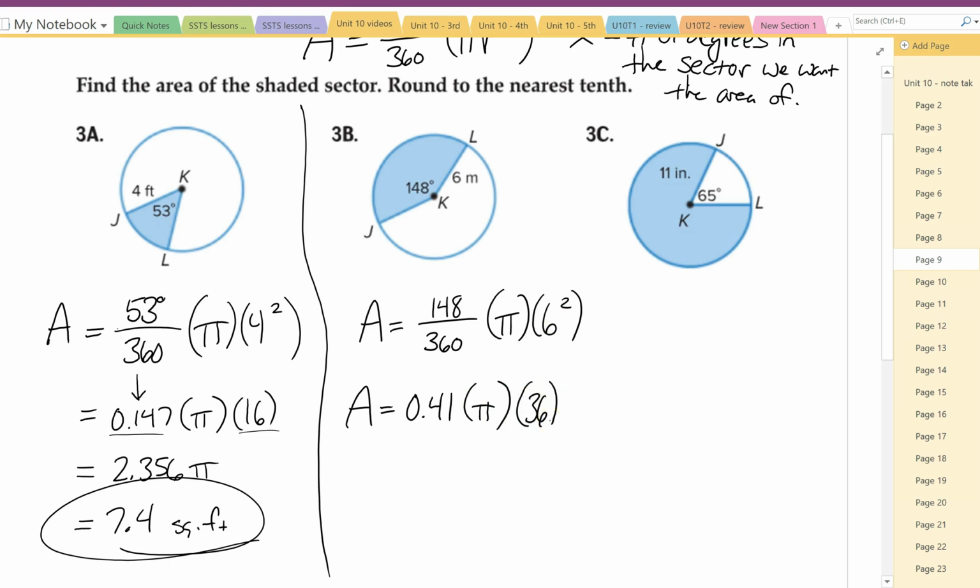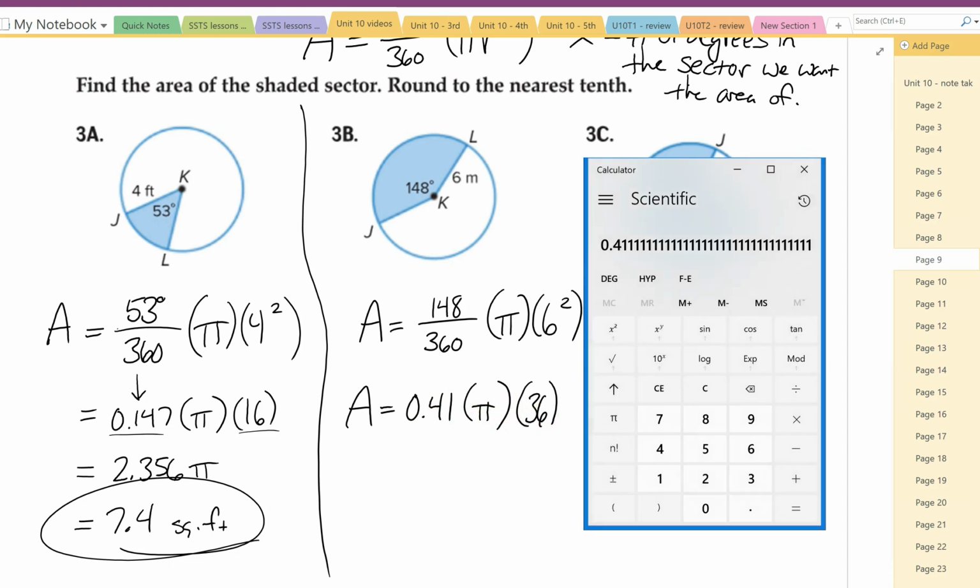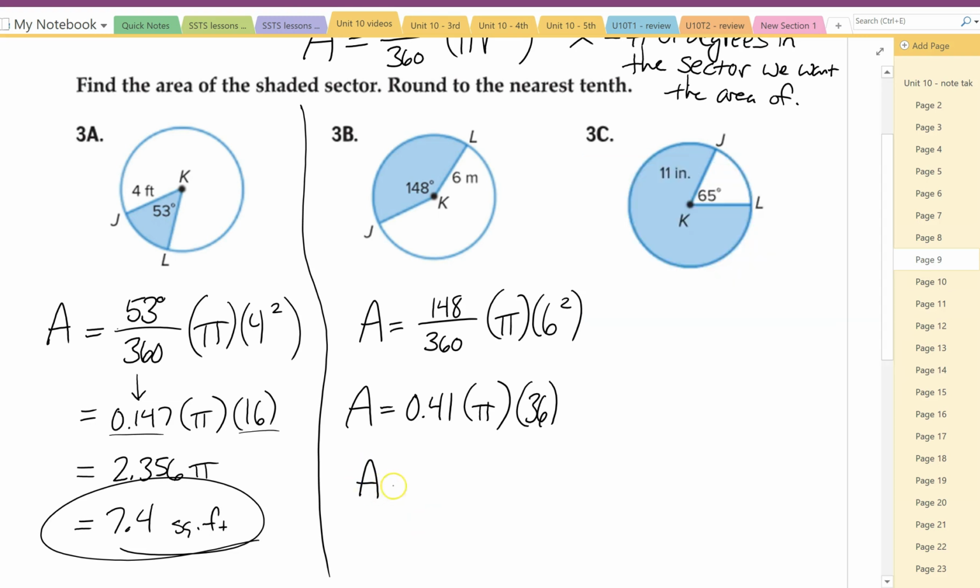Now all I really have to do, I've been doing it a different way till now, but I'll do it an easier way now. I'm just going to multiply these three things together. So I'm going to start all over. What's 0.41 times pi times 36? And that's going to give me an area for this blue sector of 46.37. And here we have square meters.